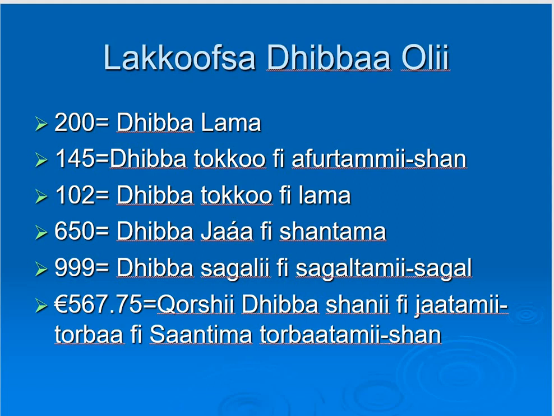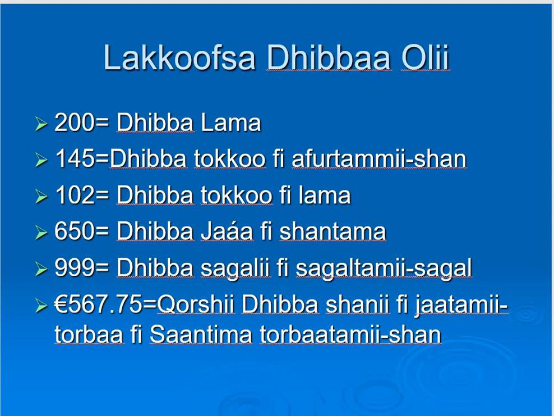That's how we say it in English, isn't it? They follow the same pattern. Qarshi means Oromo money, just like euro or dollar. Qarshii dhibba shanii fi jaatamii torbaaf saantima torbaatamii shan.